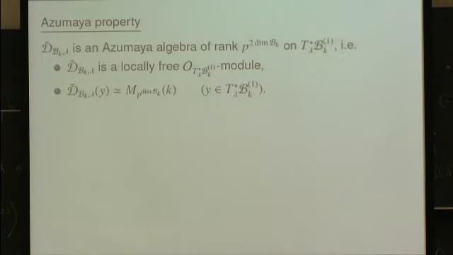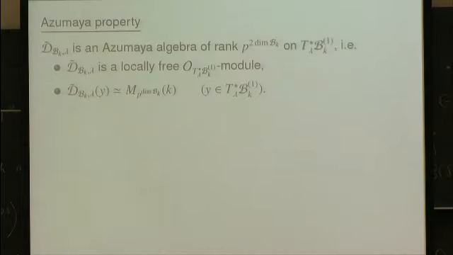This means that, as an O module, it is locally free of finite rank, and its fiber at any point is isomorphic to the matrix algebra. So the dimension of this is the rank. This part is almost trivial.